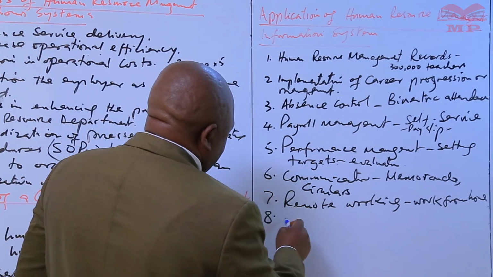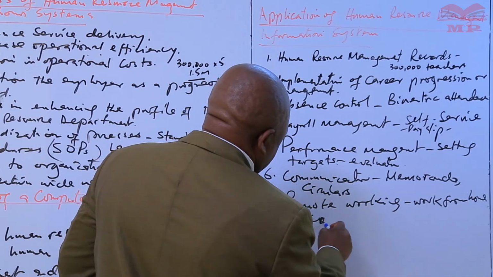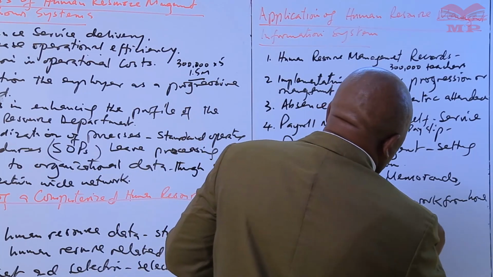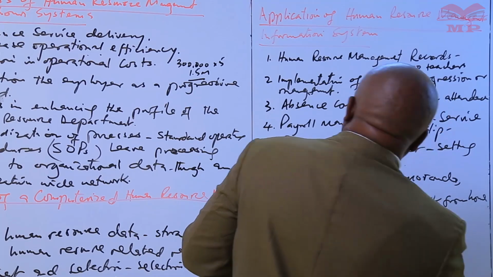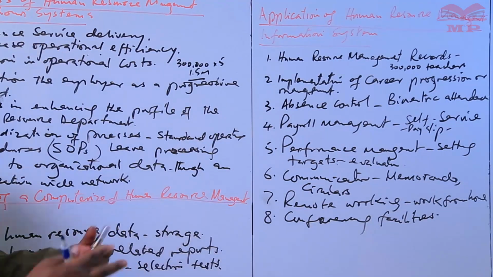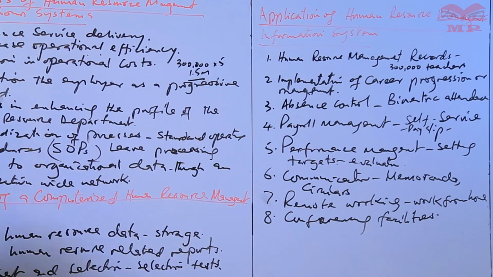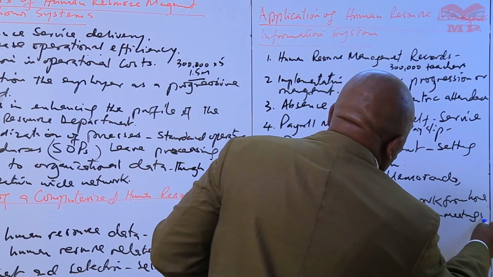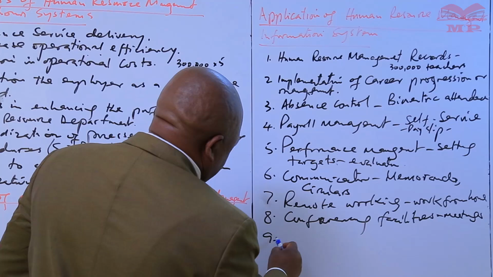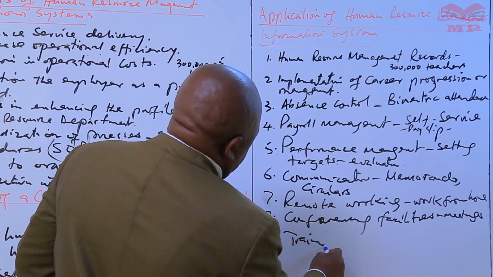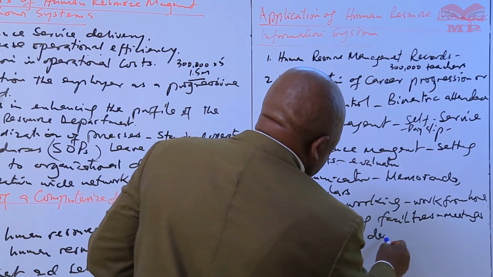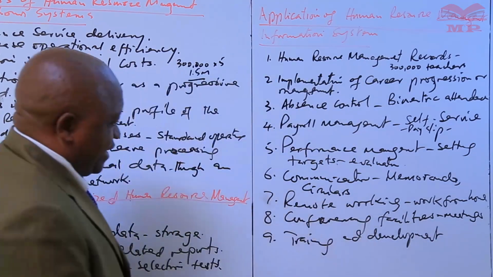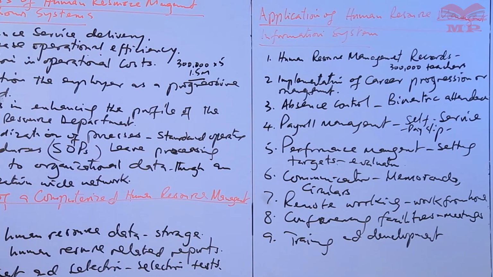Then you have conferencing facilities, where workers can be brought together through the human resource management information system. You can have, say, meetings and so on. Then there is the element of training and development. This can also be done through the Human Resource Management Information System.